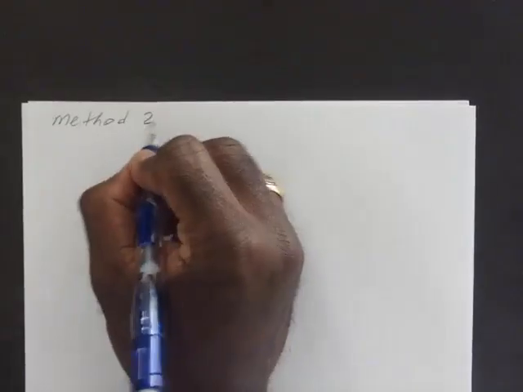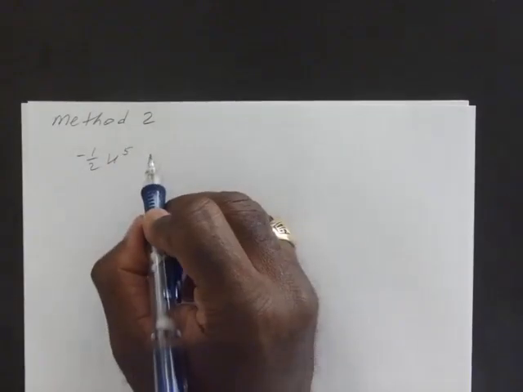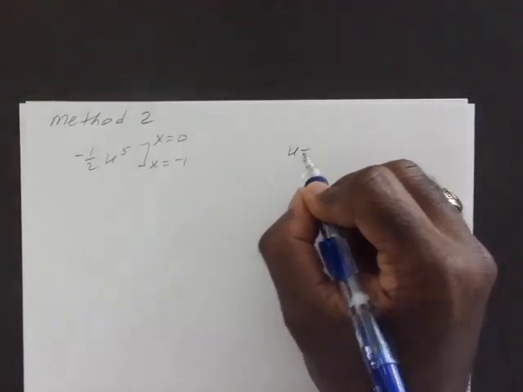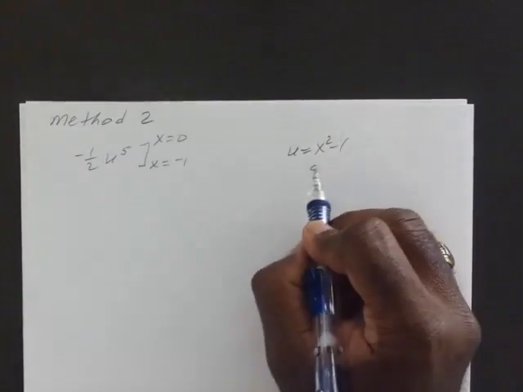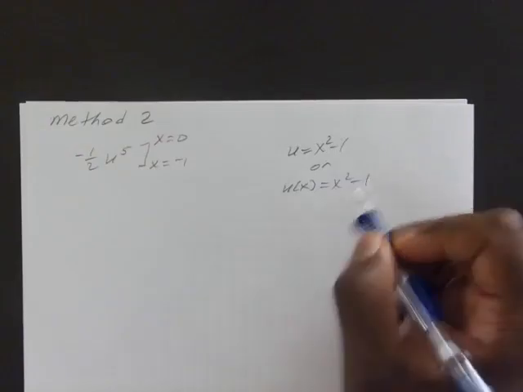So method number 2. And we'll start just where it says -1/2 of u to the 5th power from x equals -1 to x equals 0. Okay. So we know that u is equal to x squared minus 1. Or you can write it as u of x equals x squared minus 1.